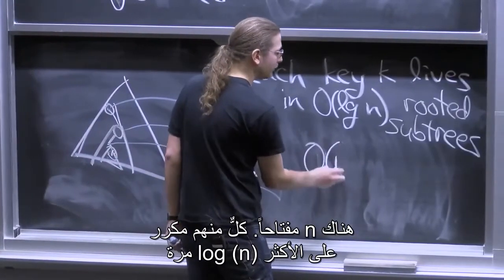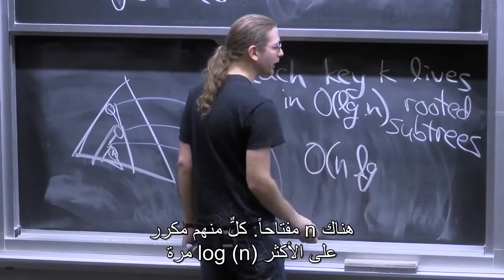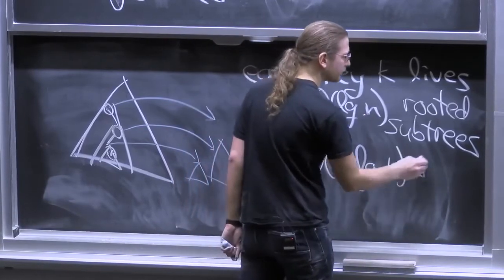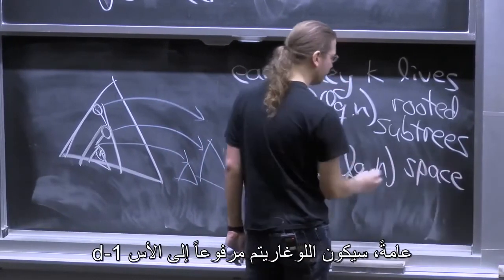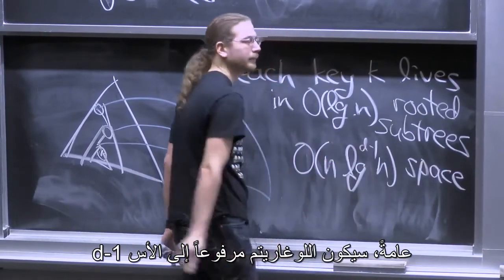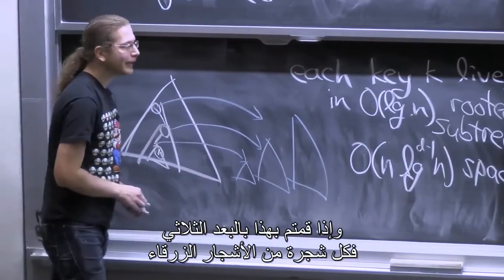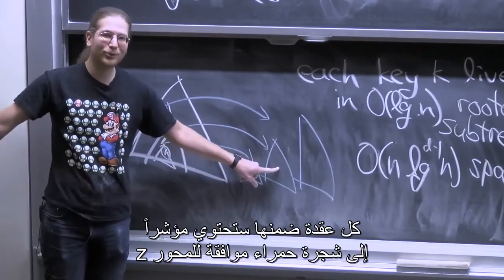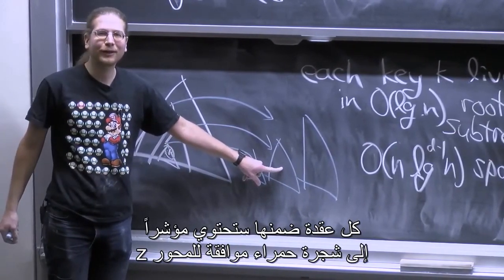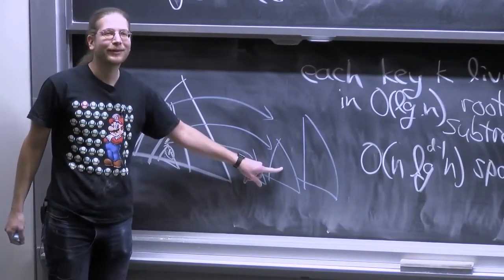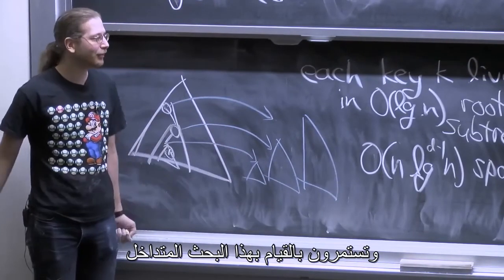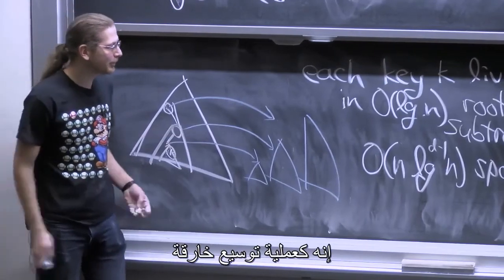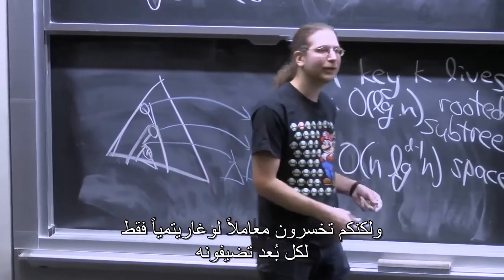There's n keys, each of them duplicated at most log n times. In general, log to the d minus 1. So if you do it in 3D, each node in the blue trees has a corresponding pointer to a red tree that's sorted by z. And you just keep doing this sort of nested searching. It's like super augmentation, but you're only losing a log factor for each dimension you add.